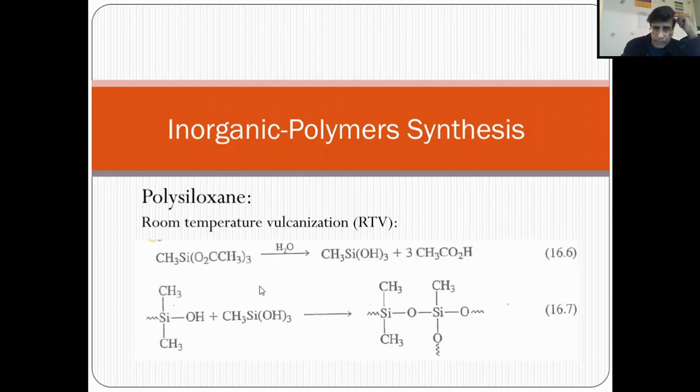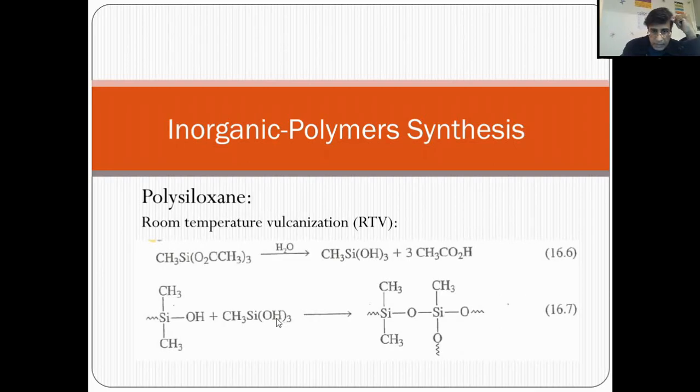Now when this comes here, this will react here. Look here. One OH from here will take the H from here, and this will be connected. So this is the polymer chain SiCH3, and this is the O I'm showing you, and the H is gone. Now the H will react with OH to make water, right?